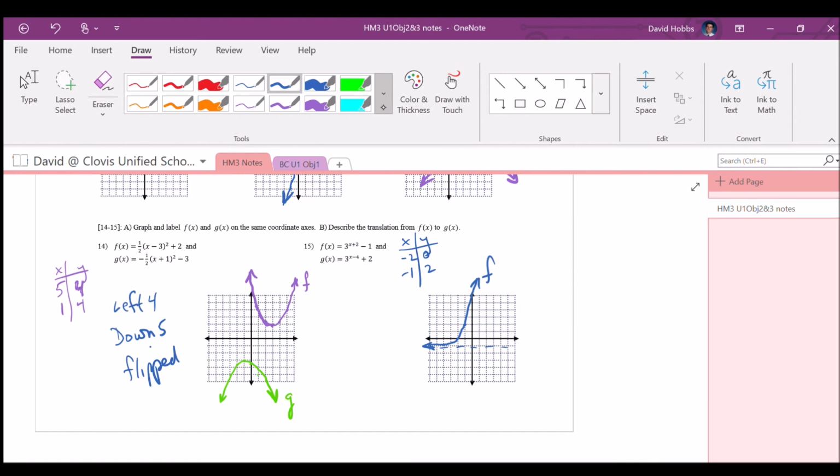Okay, sketching G. Plus 2, so it shifted up 2. And I would like a 0 exponent, so if I plug in a 4, I get 3 to the 0 plus 2. Notice how that first point is exactly 1 above the horizontal asymptote.